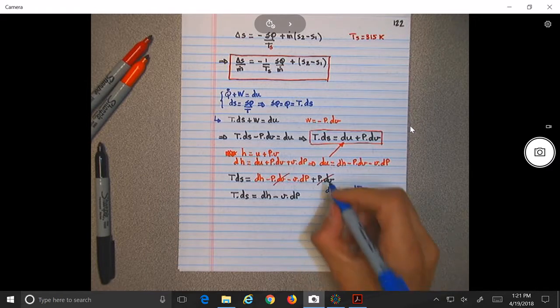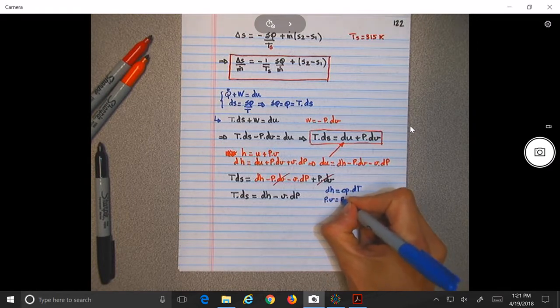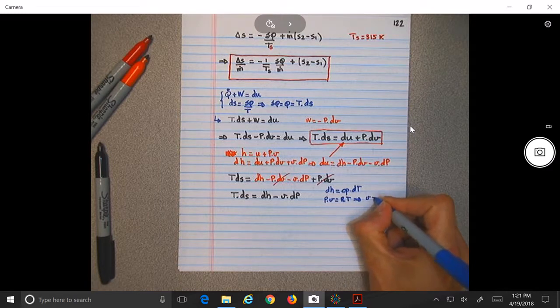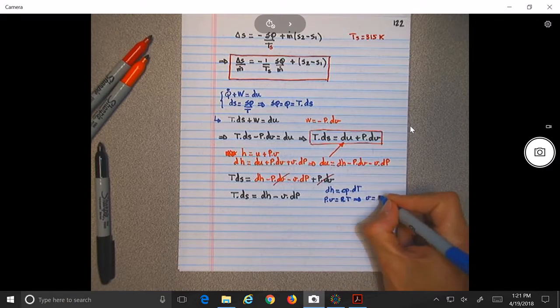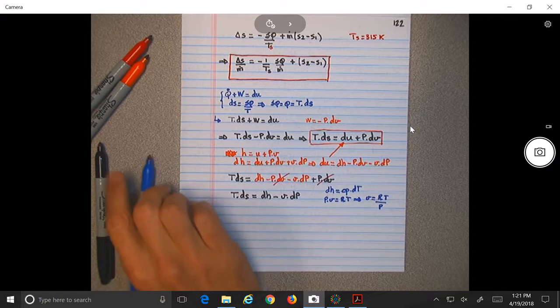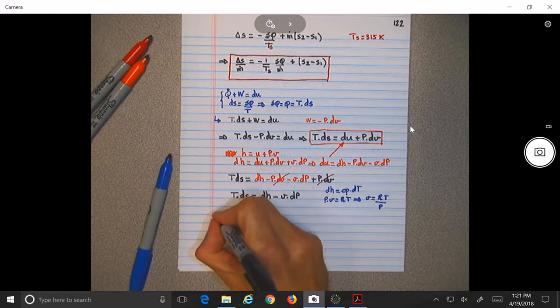And now, if we use the ideal gas relation, because the air is an ideal gas, PV equals RT. What is V equal to? RT divided by P. This is like the fourth time that I do all this stuff, but again, it's important for the understanding. So that equation over here becomes what?